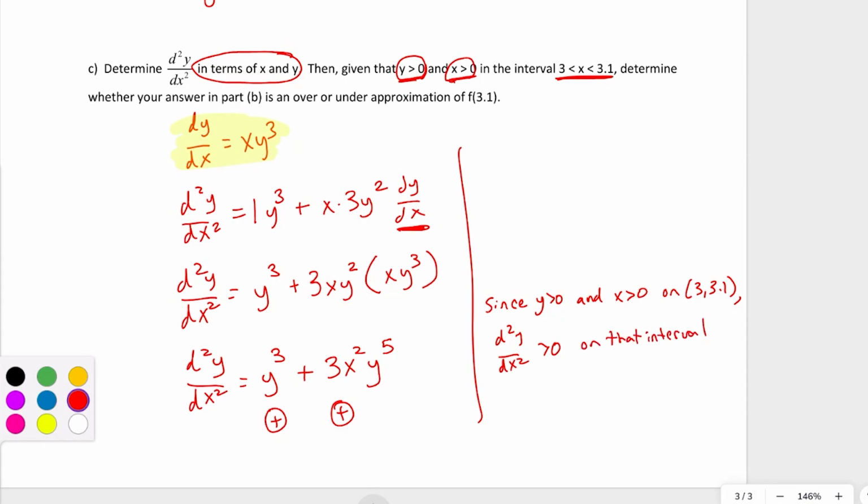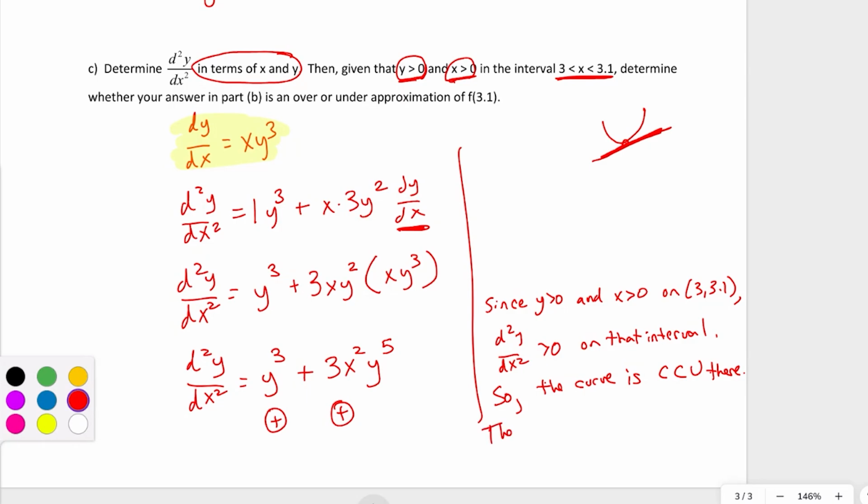And being that the second derivative is positive, that means that the original equation, which is, what are we calling it? F, I guess. So the curve is concave up. I'm trying to be as brief as possible. The curve is concave up. So since it's concave up, that means our tangent line is going to be below it.